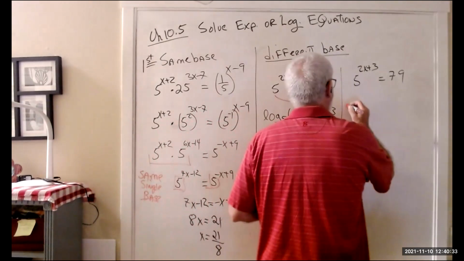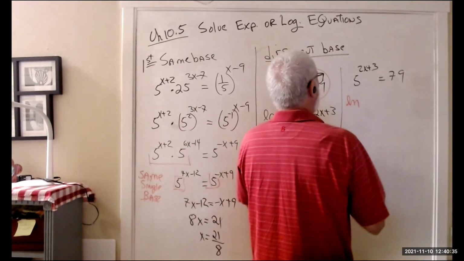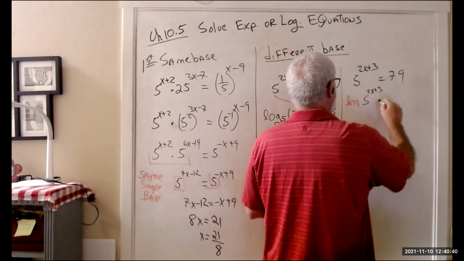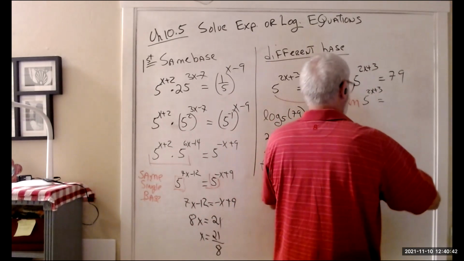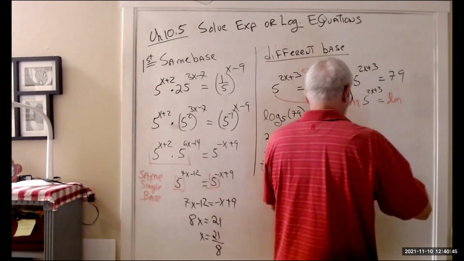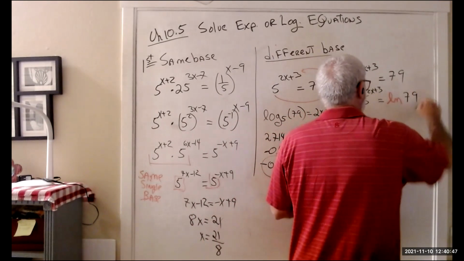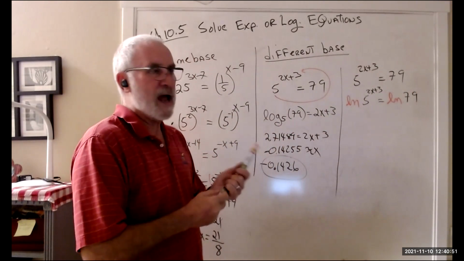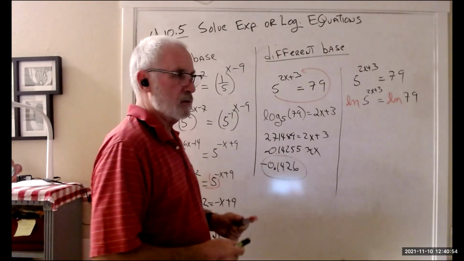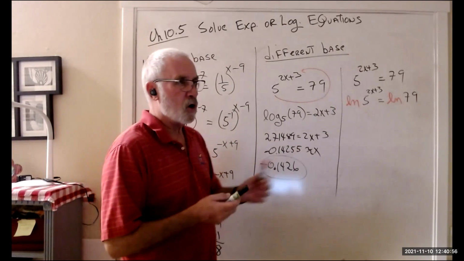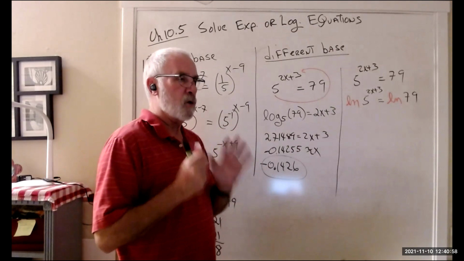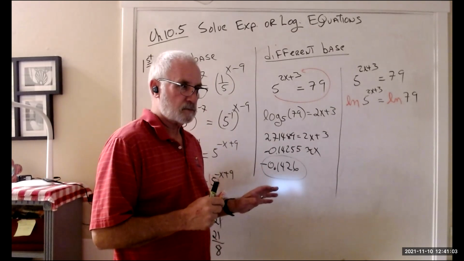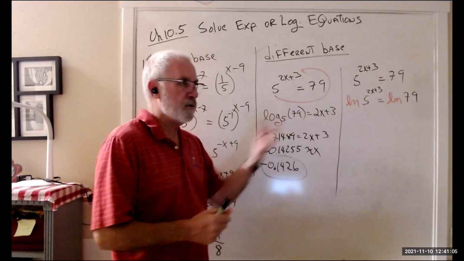So they write the ln of 5 to the 2x plus 3 equals the ln of 79. Notice it's the same problem. We have to get the same answer. Have to. But we're using alternate techniques. As long as you show me your steps, I will give you full credit, because both of these are acceptable.